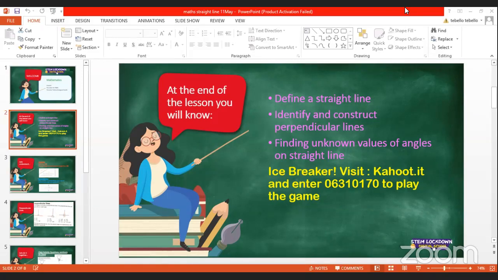Oyama, please type in your Google Chrome or Internet Explorer kahoot.it and press enter. After that, they will ask you to enter the pin.